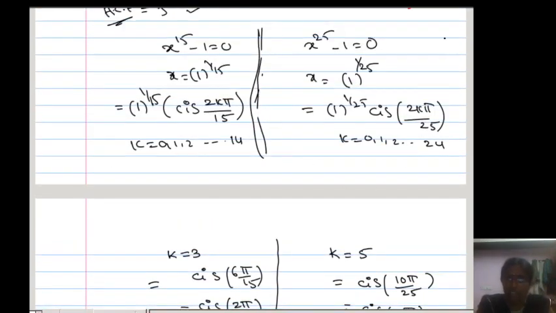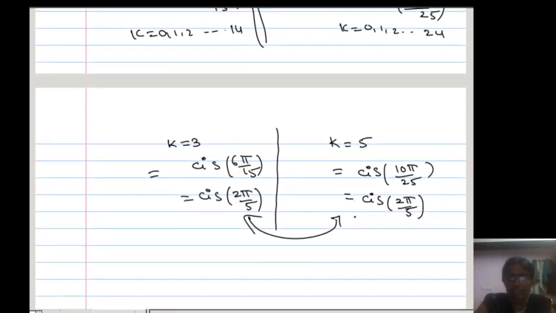Similarly, multiples of 3 and multiples of 5 will be common. Why? You can observe 2kπ/15 here. If k values are multiples of 3, and in the case of 2kπ/25, if I take multiples of 5: 5 times 5 is 25, giving 2kπ/5, and 3 times 5 is 15, giving 2kπ/5.